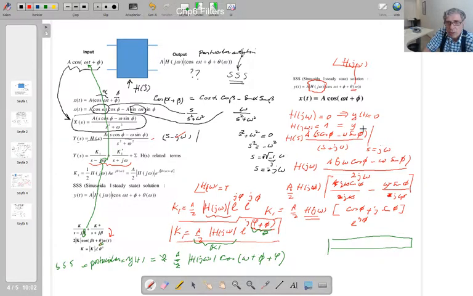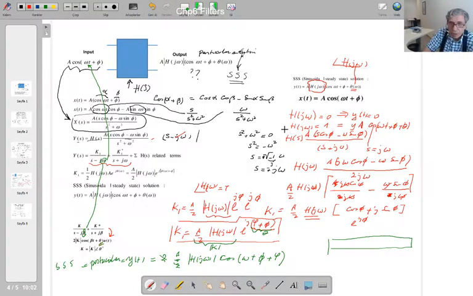So it's going to be cosine of omega t plus phi and theta. So if you add an angle to that angle, that means you are shifting the sinusoidal function to left and right. It's not changing the cosine, just a shifting operation.